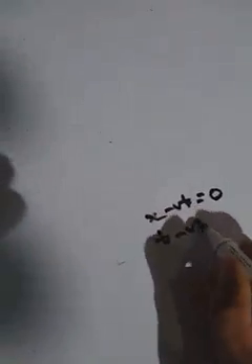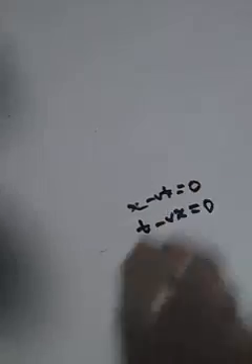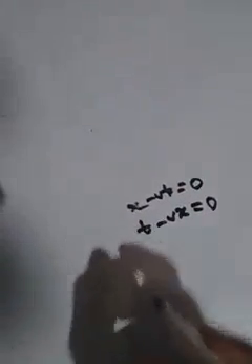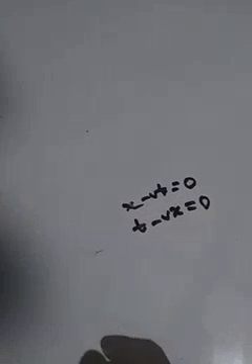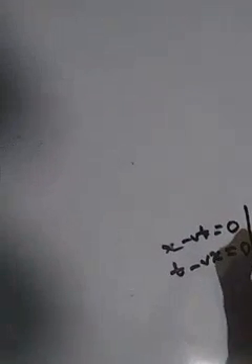Yes, so we have two equations here. We'll write this as x minus vt equals 0 and t minus vx equals 0. Now we can do one thing. We can call this x minus vt, x dash equals 0, t dash equals 0.